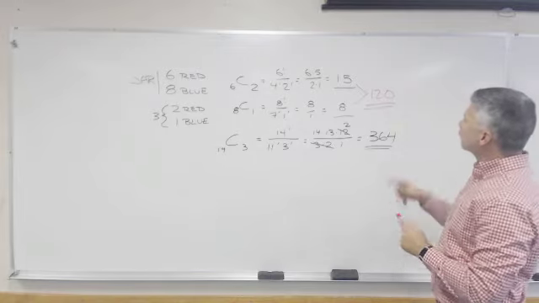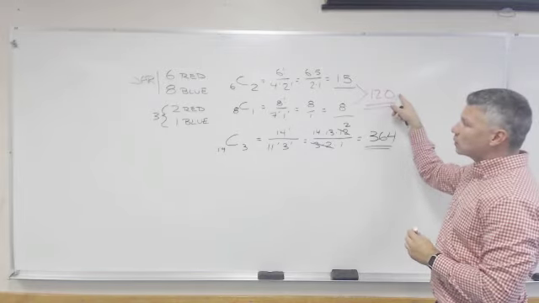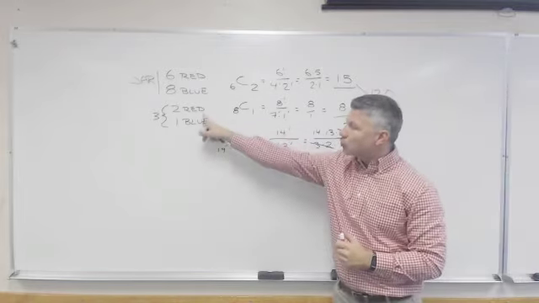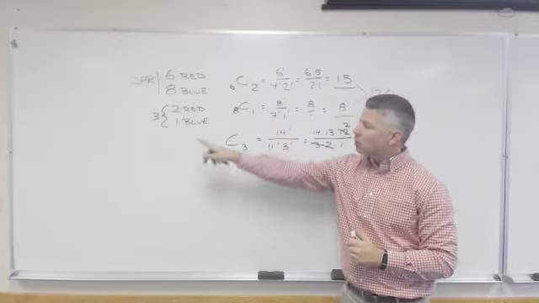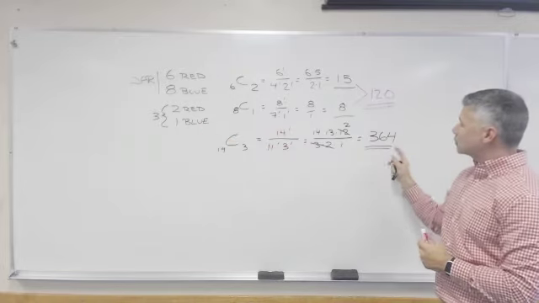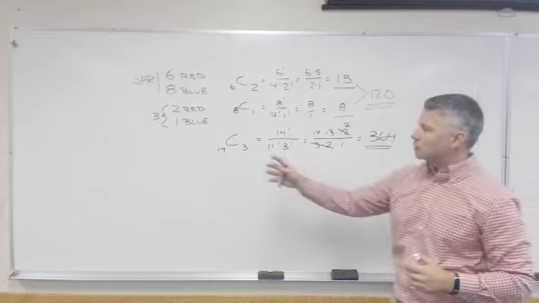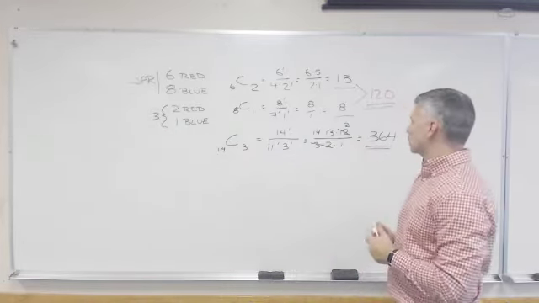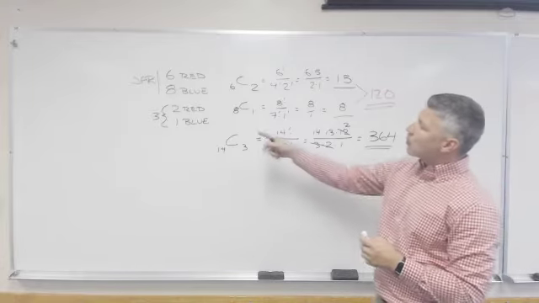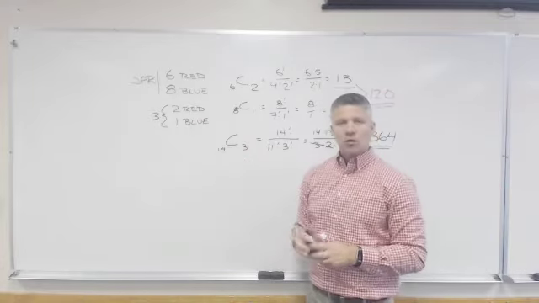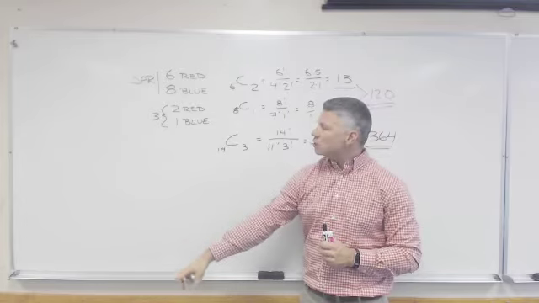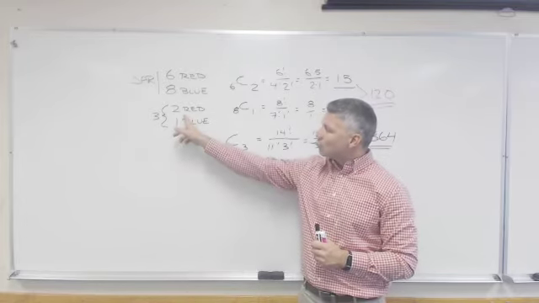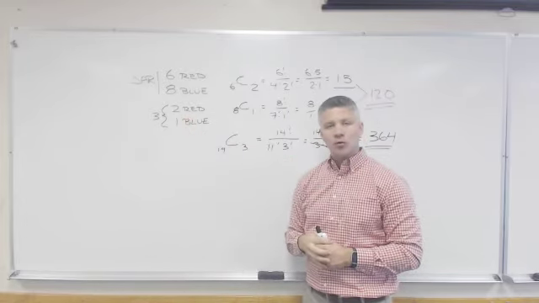All right, so there's 120 ways to get my 2 reds and 1 blue. There are 364 total ways of pulling 3 marbles out of the jar regardless of the color. So what's the probability that I can do this? What's the probability that if I reach in and I pull out 3 marbles that I do get the 2 red and the 1 blue that I want?